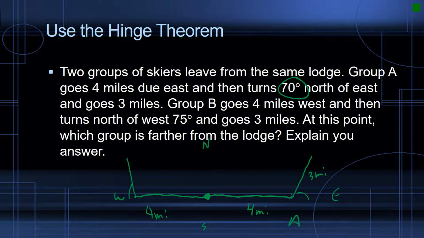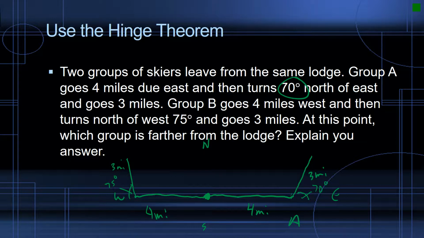In other words, this is 75 degrees, and maybe I should label this over here 70 degrees. In other words, these are exterior angles. All right, and they also go 3 miles. So this is also 3 miles. So we've got two adjacent sides that are equal, and exterior angles that are different.